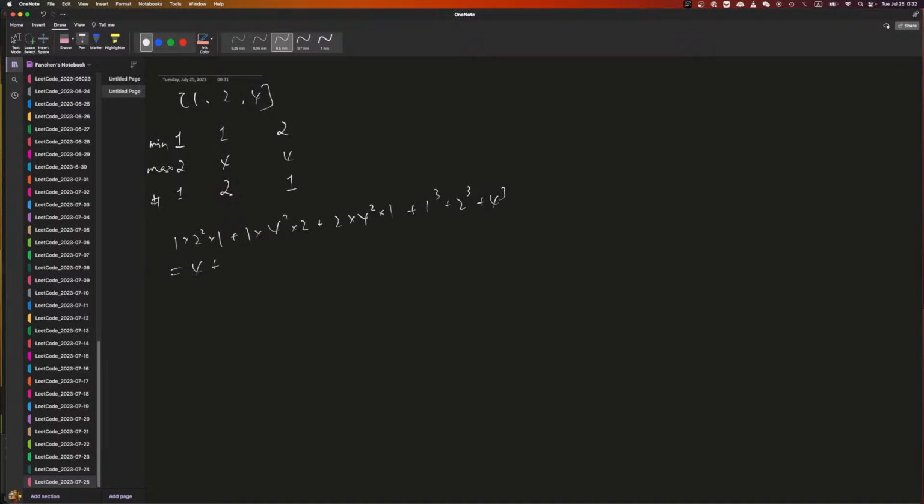So this is 4, 32, this is 32 again, 1, 8, and 64. All right, let's calculate it. 4 plus 32 plus 32 plus 1 plus 8 plus 64. That is 141.